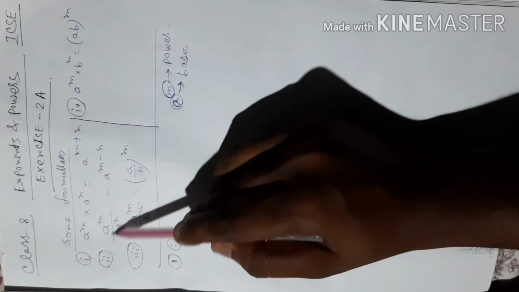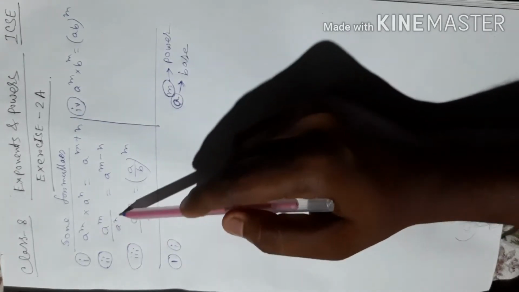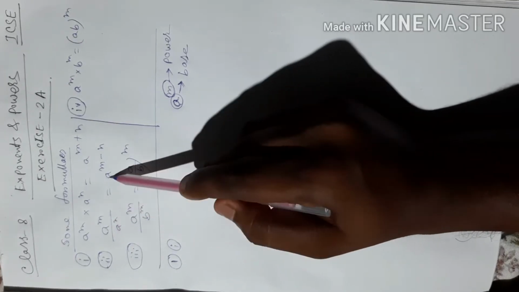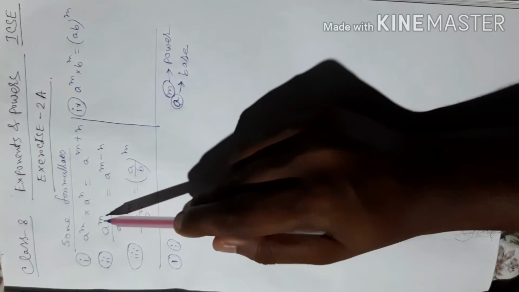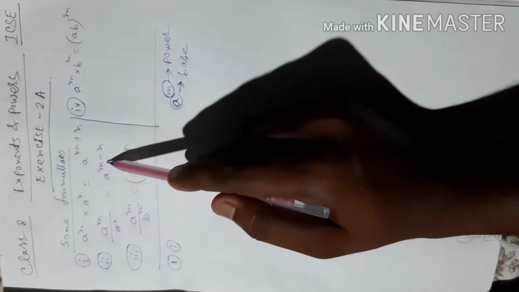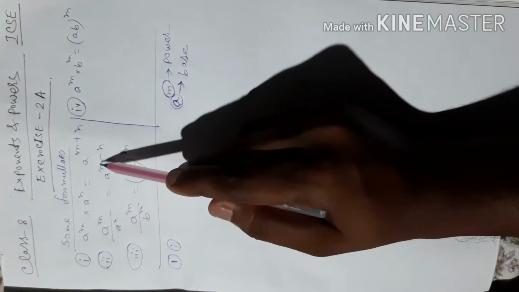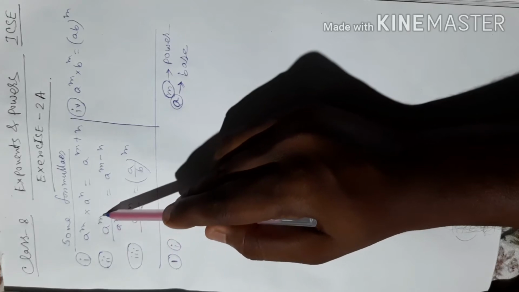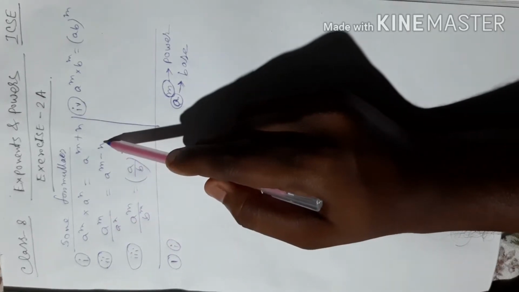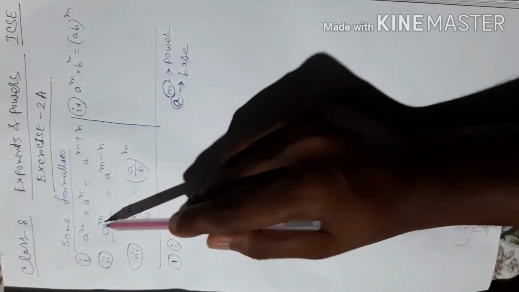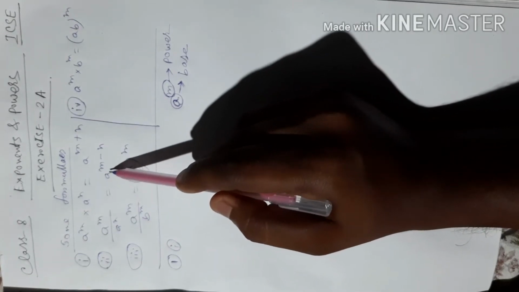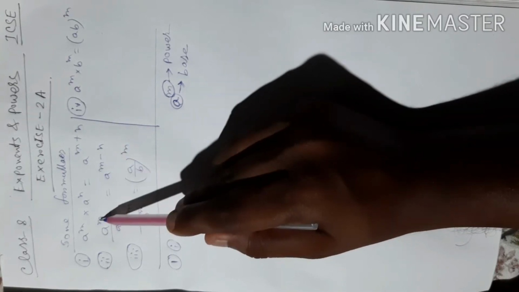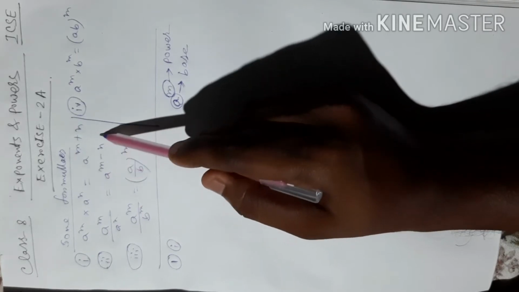When we divide two exponents and powers with the same base, we write the base one time and the powers must be subtracted: numerator power minus denominator power, and the base is written one time.